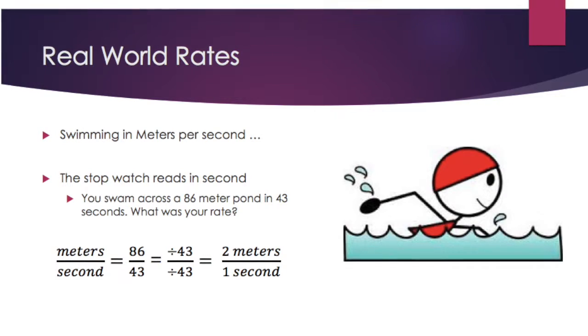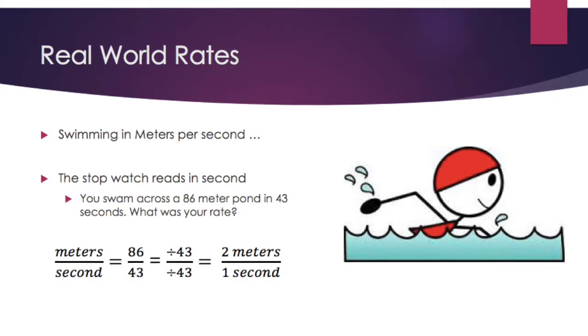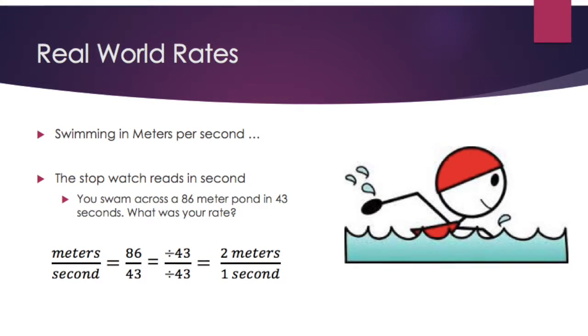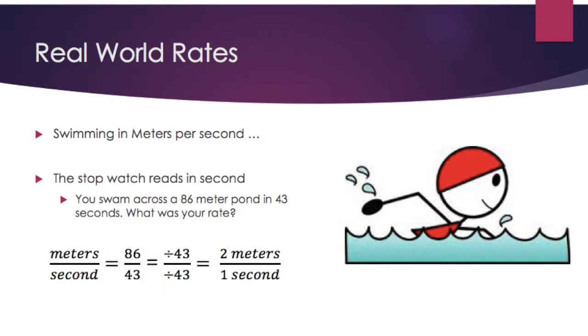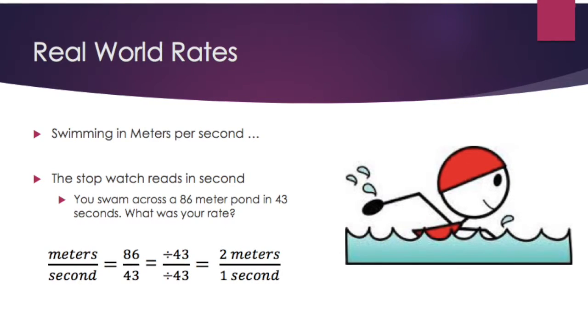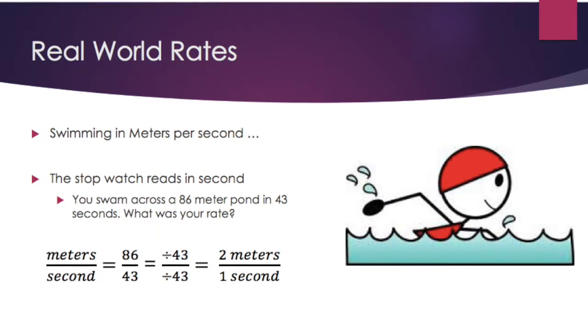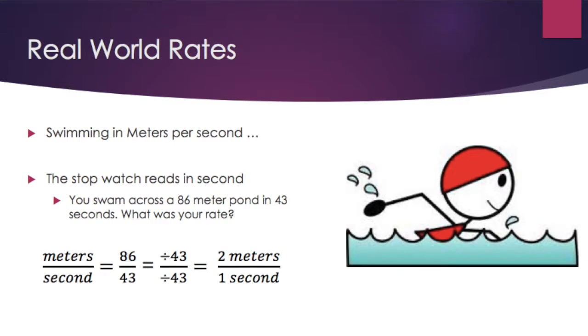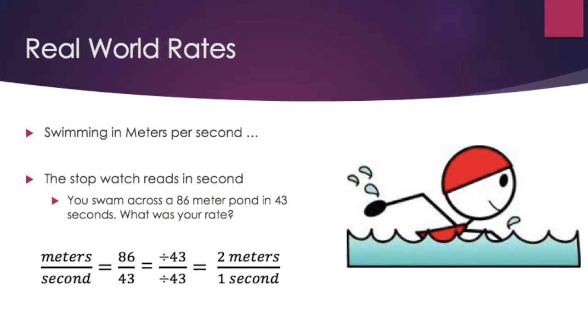That's a pretty good swimming speed. So when that happens, I have a 43 in my denominator, but I only want there to be a 1. So I divide by 43 in both my denominator and my numerator. So instead of saying I traveled 86 meters in 43 seconds, I can say that I traveled 2 meters per second.